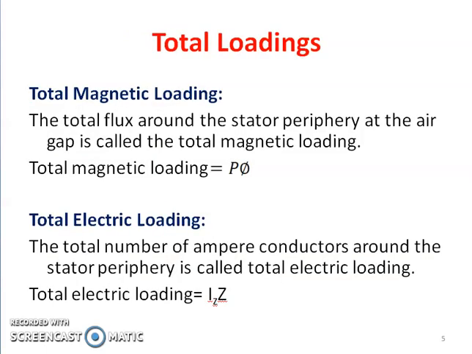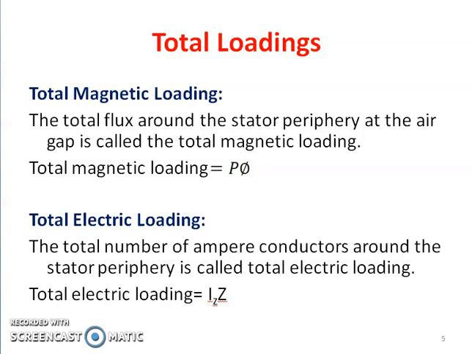So in case of induction motor, we come across two types of loadings. One is total magnetic loading and another is total electric loading. Then what are definitions for total magnetic and electric loadings? Let us see. The total flux around the stator periphery and the air gap is called the total magnetic loading, and this is expressed as P phi.